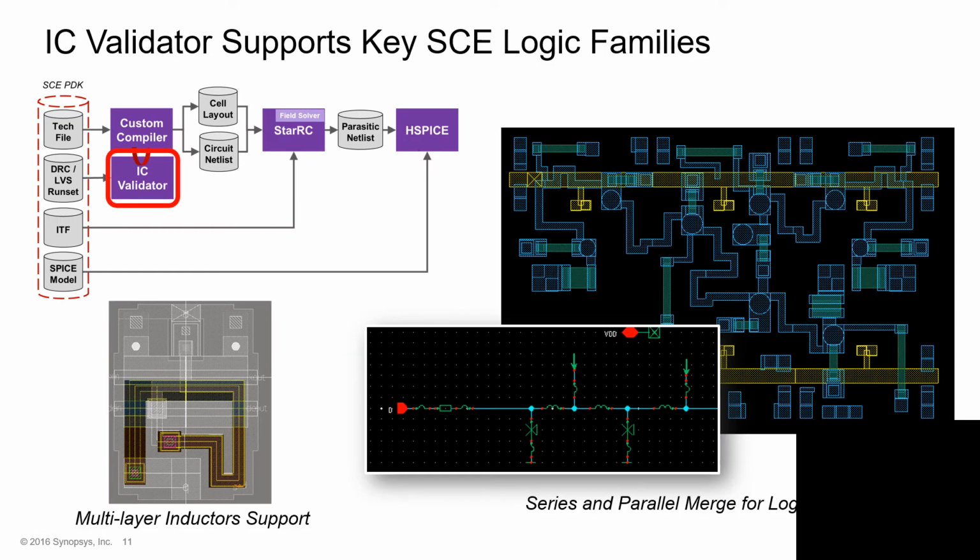The next step is you want to validate that what you have captured is correct between schematics and layout. You want to validate that the layout reflects what you captured in schematics in exactly the same manner that you do in CMOS, and that's the function of IC Validator.